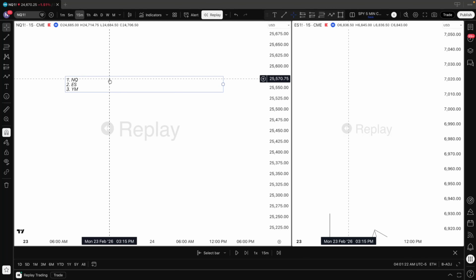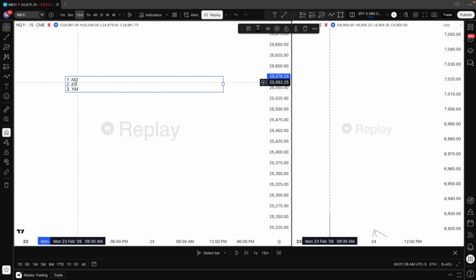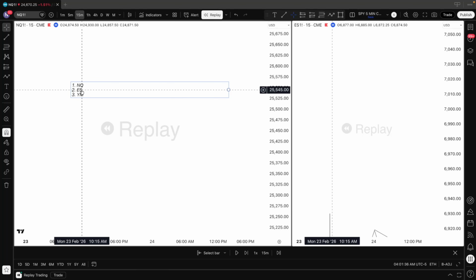Now, I will note this. The most important SMT to me will be between NQ and ES. That doesn't mean that YM is irrelevant and I don't watch it. It just means the higher probability SMT is going to be between NQ and ES, because those are stronger in terms of correlation, right?